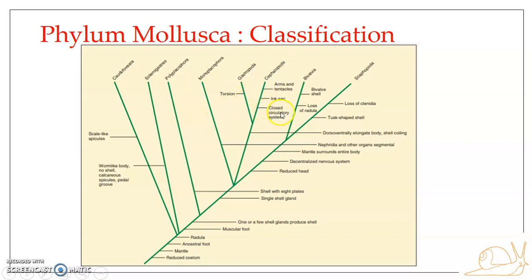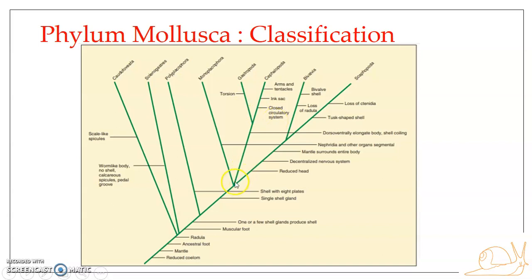Along with it, they developed an ink sac, and they had arms and tentacles. So these three characters were unique to Cephalopoda, and torsion was unique to Gastropoda. But these two evolved from a common ancestor, which had a single shell gland, a dorsoventrally elongate body, and showed shell coiling.